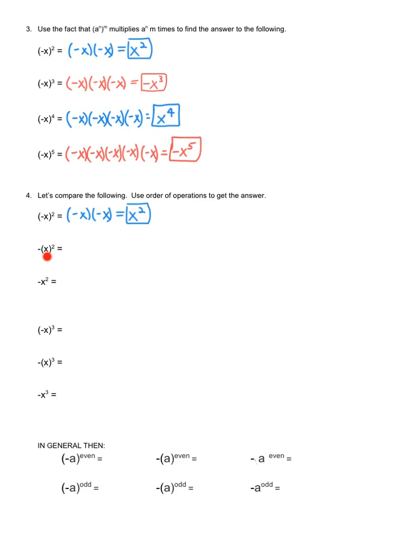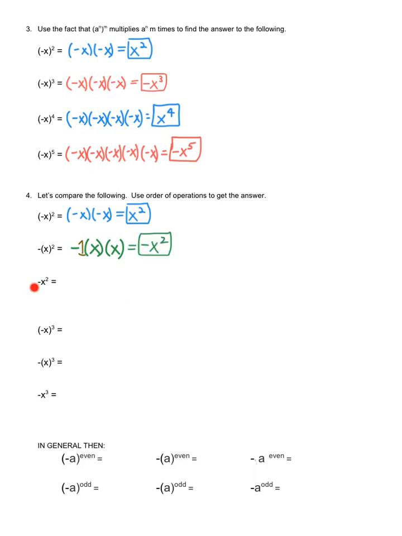Again, this means that whatever is inside the parentheses is being multiplied twice, and I still have this negative in front. So this actually gives us a negative times x times x. X times x is x squared. This negative, you can really think of it almost like having a negative 1 in front of it, which gives me a negative times a positive, so that's how I get a negative x squared.